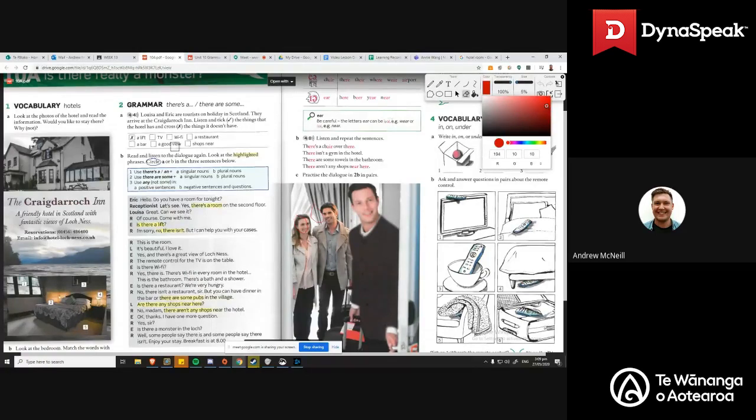What things does the hotel have? So it's called the Craigdarroch Inn. I'm sorry, Scottish people, if you're listening. But it's a hotel. This is just another word we can use for hotel, an inn. So we know it does not have a lift. We could hear them climbing the stairs.